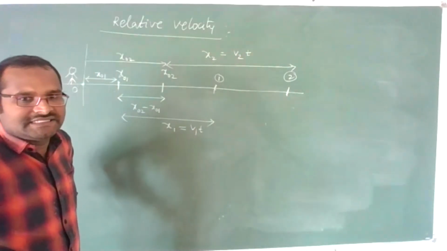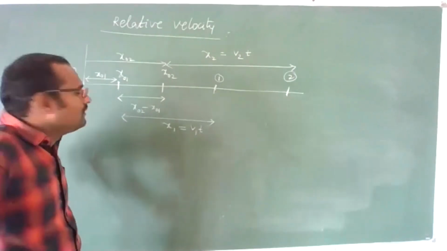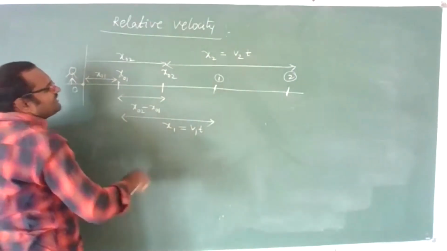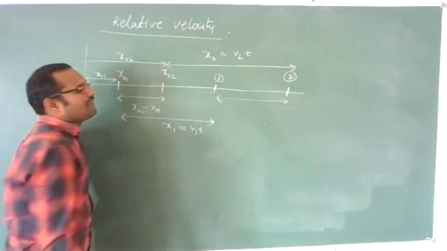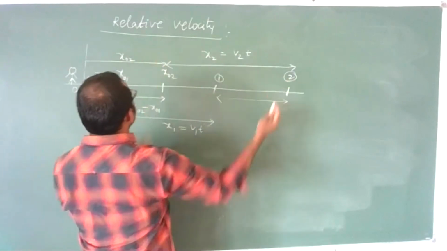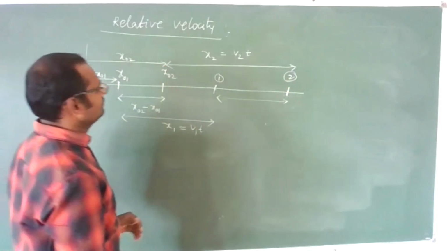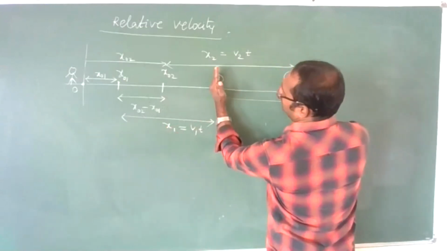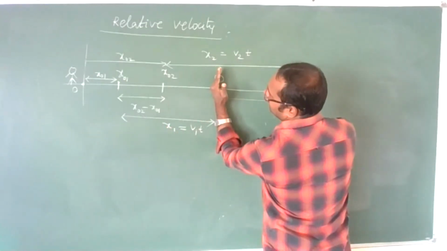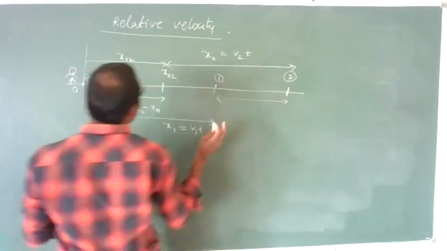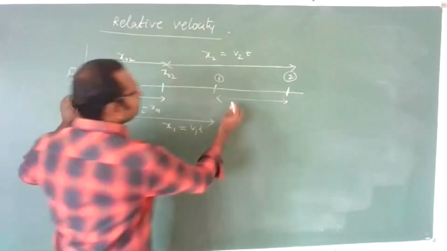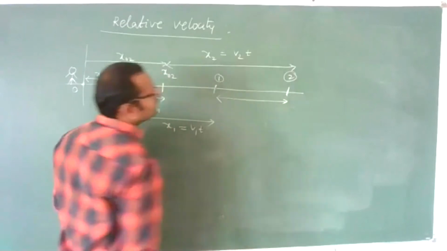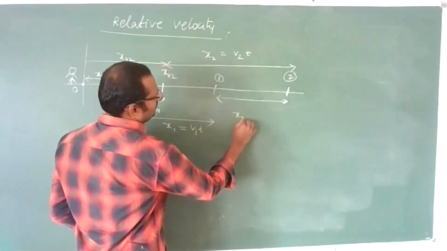Now, what is the distance between these two cars? I want this distance: x2 minus x1.